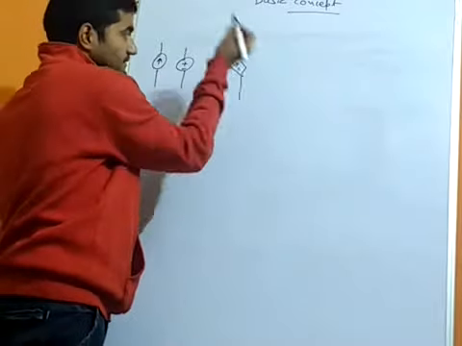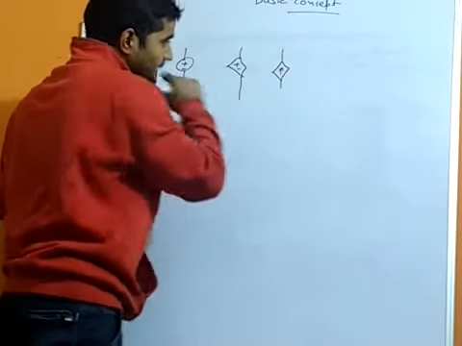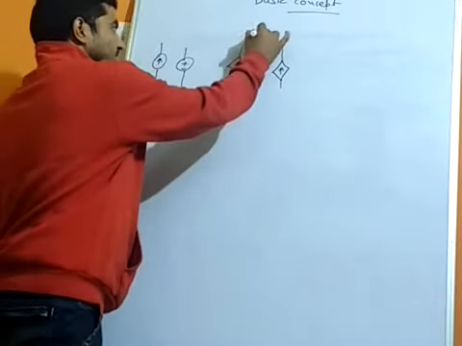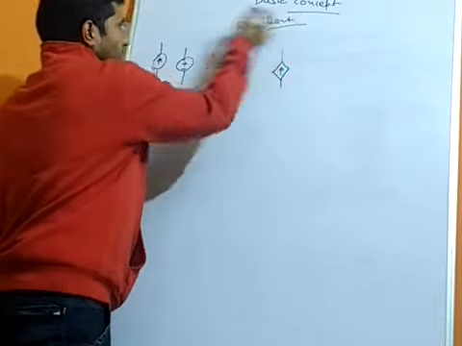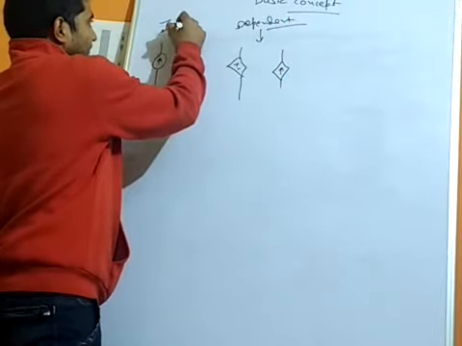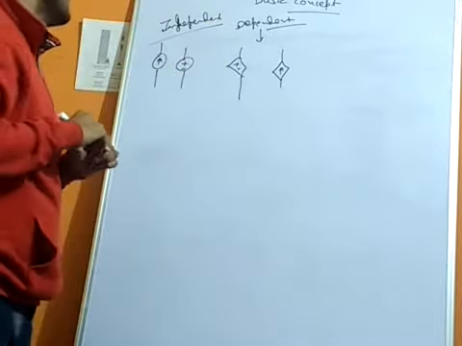If it is a voltage source, plus minus will be denoted, and if it is a current source, then it will be denoted by an arrow. So this is the denotation for a dependent source, and this is the denotation for an independent source. I think most of you will know this.